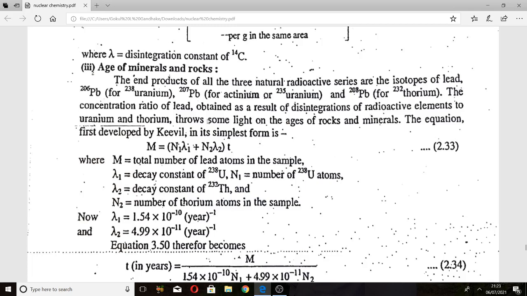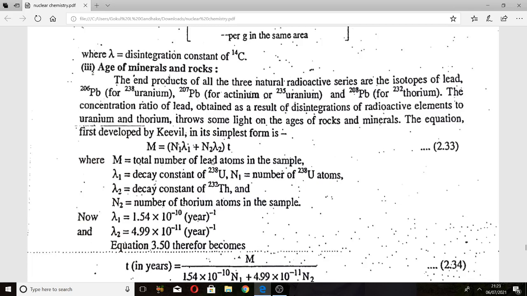Using this, the concentration ratio of lead obtained as a result of disintegration of the radioactive element to uranium and thorium throws some light on the ages of rocks and minerals, and we get the equation developed by Kevil: m equals n1 lambda 1 plus n2 lambda 2, times t.